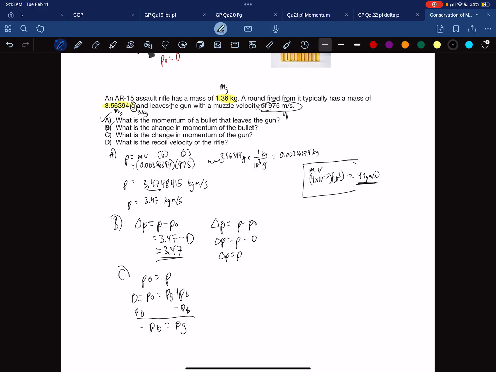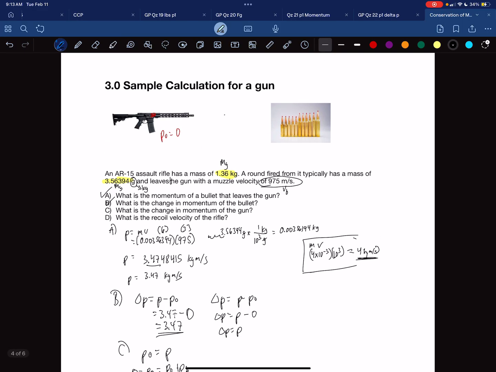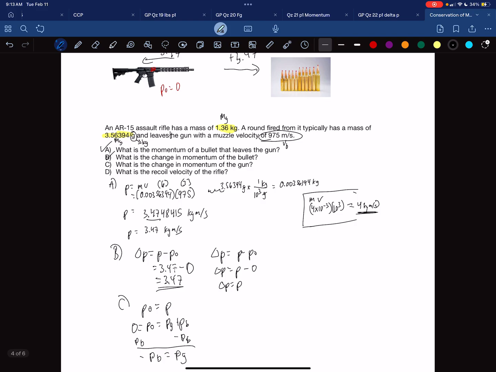If the momentum of the bullet is plus 3.47, the momentum of the gun is minus 3.47. So the change in momentum of the gun is minus 3.47 kilogram meters per second.